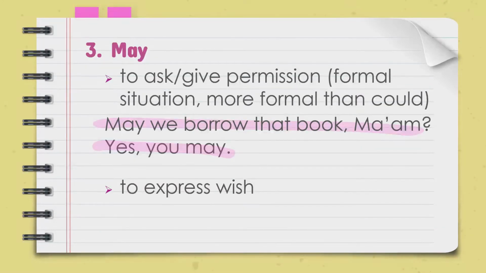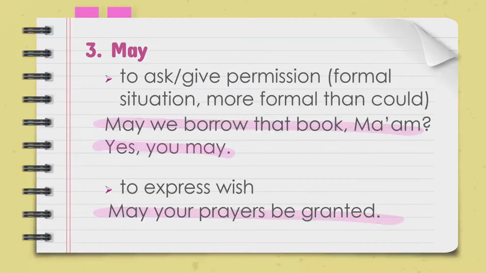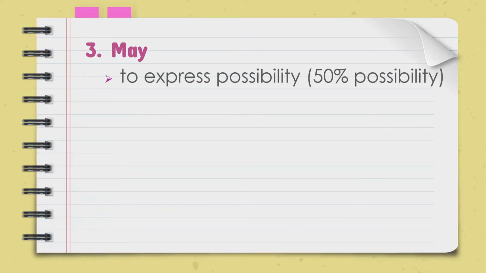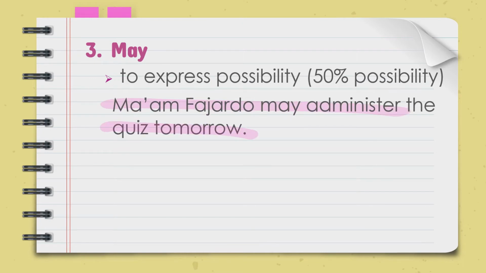For example, may your prayers be granted. The last use of may is to express possibility, like 50% possibility. Compared to could, may expresses a greater chance for an event to happen. For example, Ma'am Fajardo may administer the quiz tomorrow.